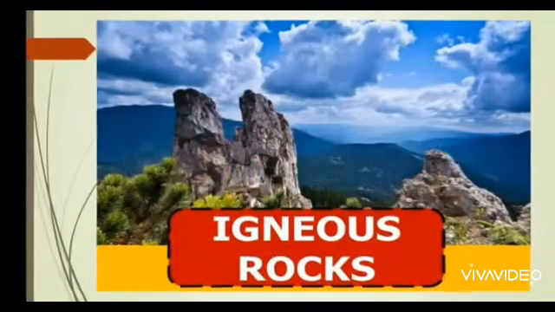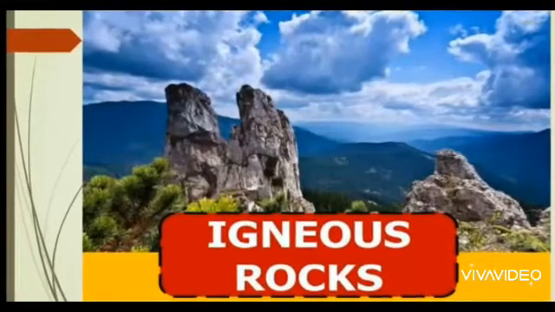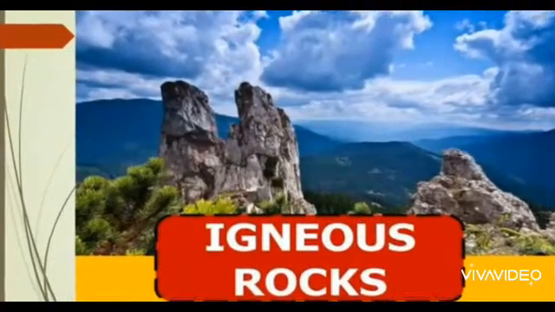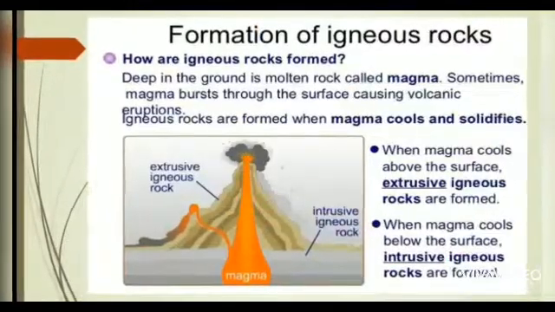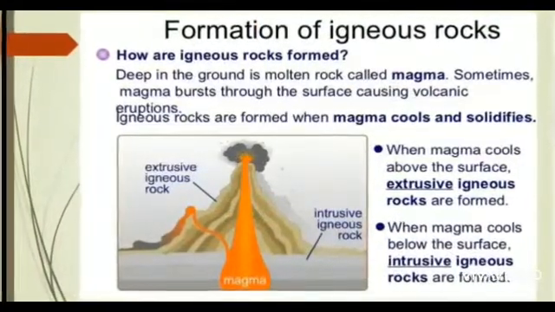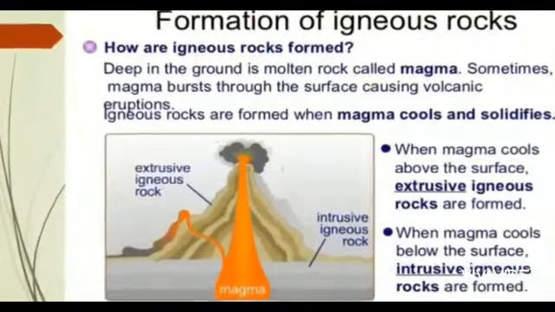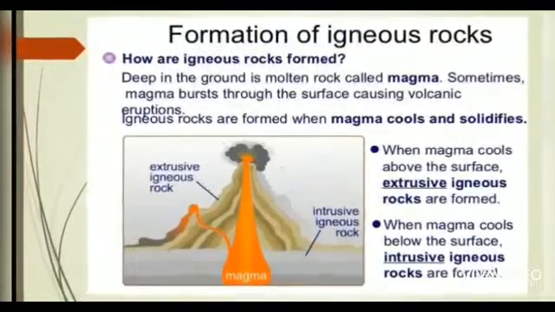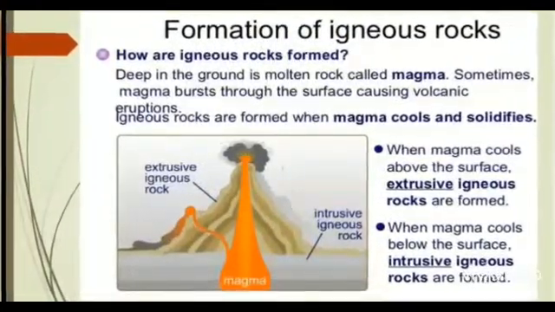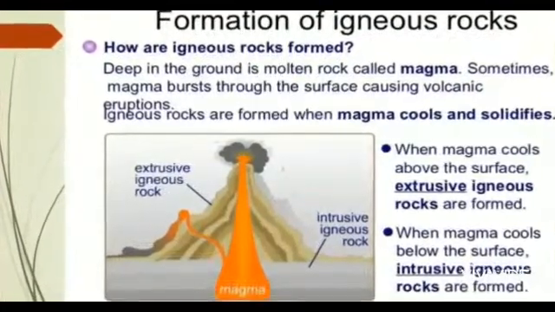The first type of rock, that is the igneous rocks or the primary rocks. How are igneous rocks formed? Deep in the ground is molten rock called magma. Sometimes magma bursts through the surface, causing volcanic eruptions.